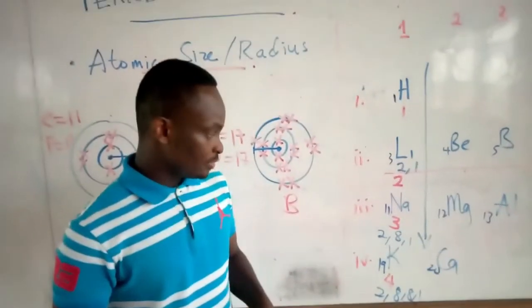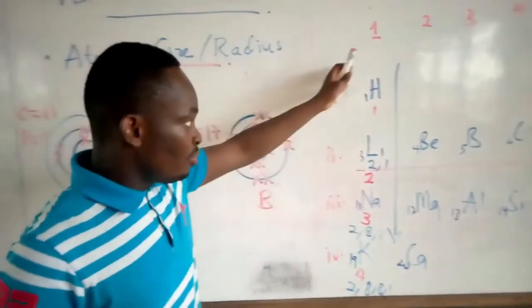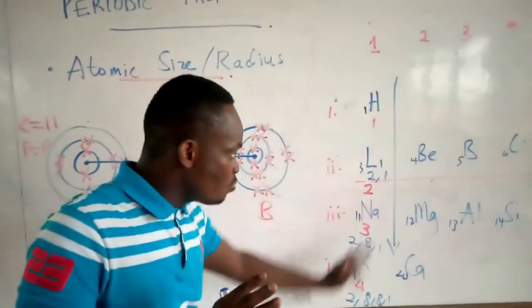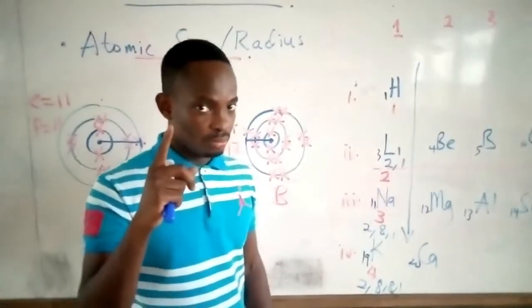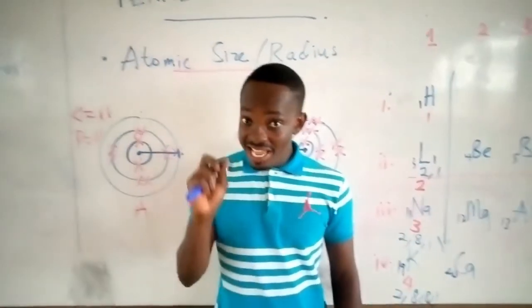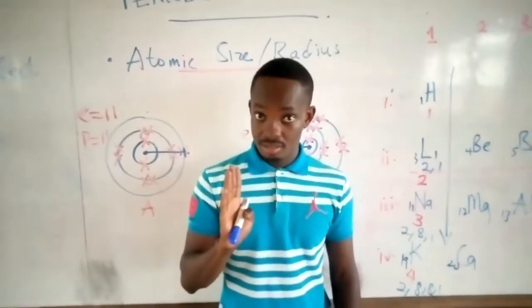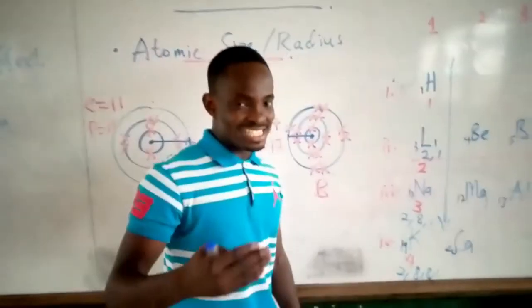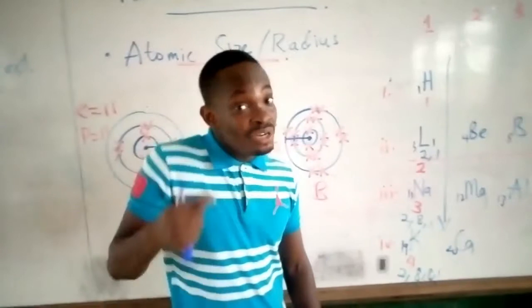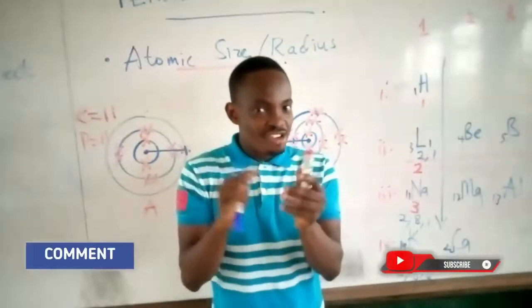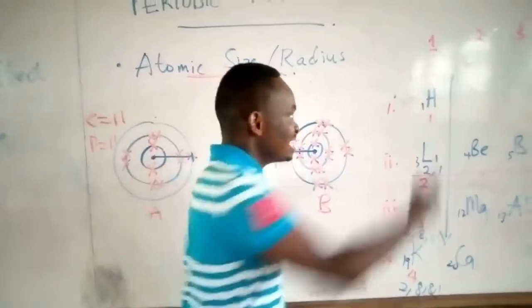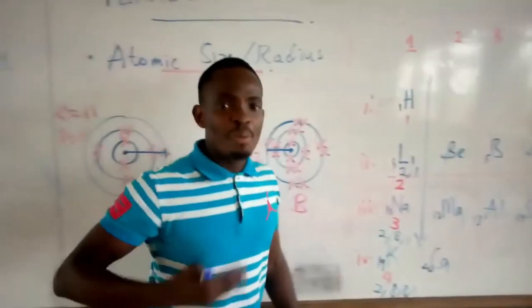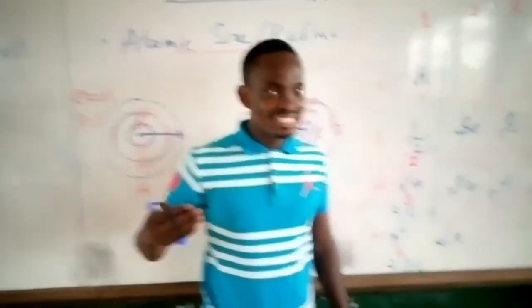Alright. So down the group there is an increase in the number of shells. And we learned that the more the shells, the greater the screening effect. Therefore, the lesser the attraction. Therefore, the larger the size. Which means that down the group, the atomic size increases.